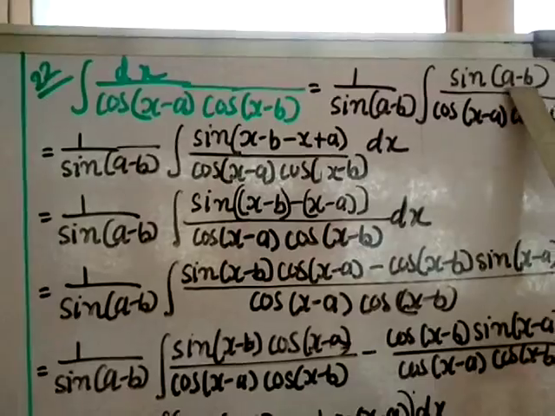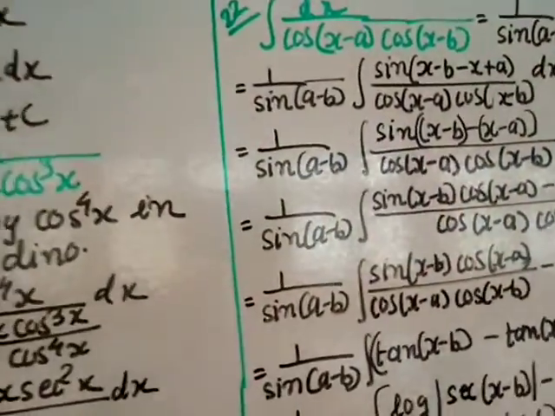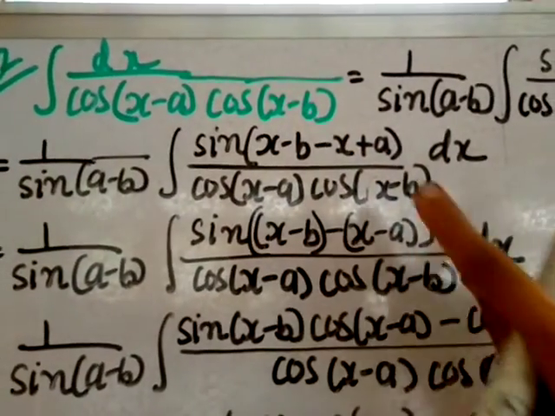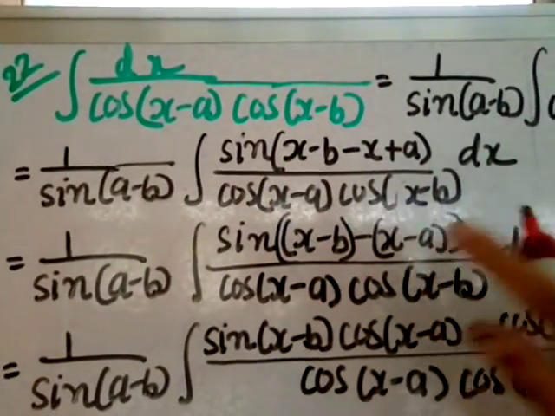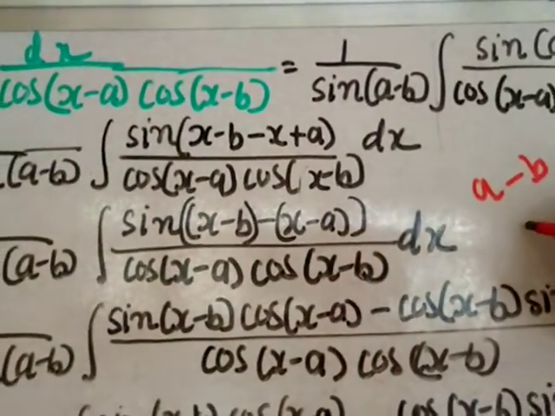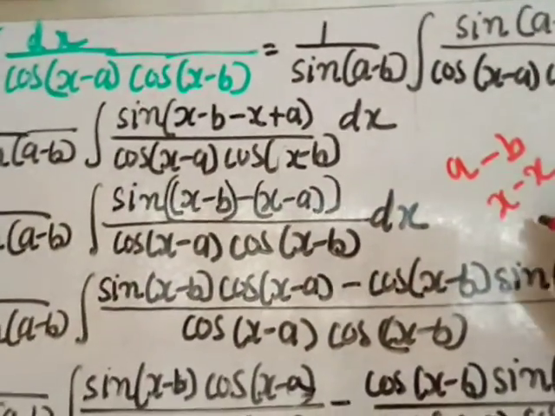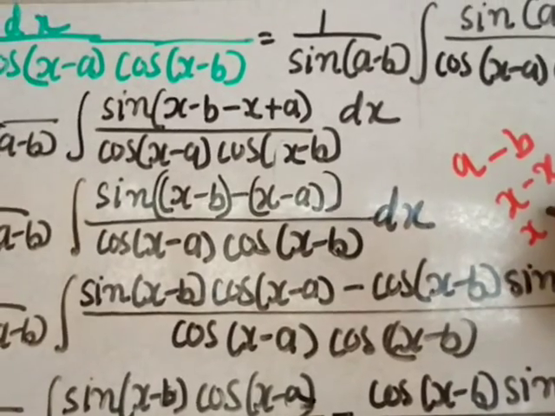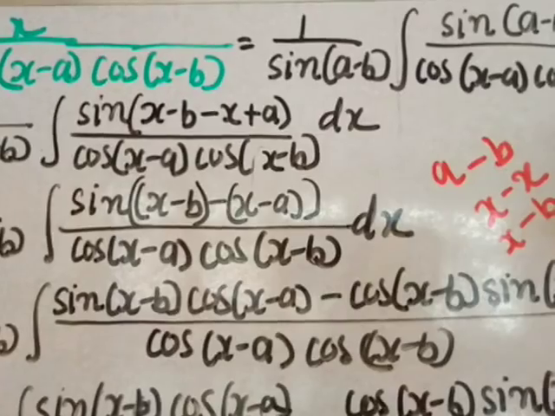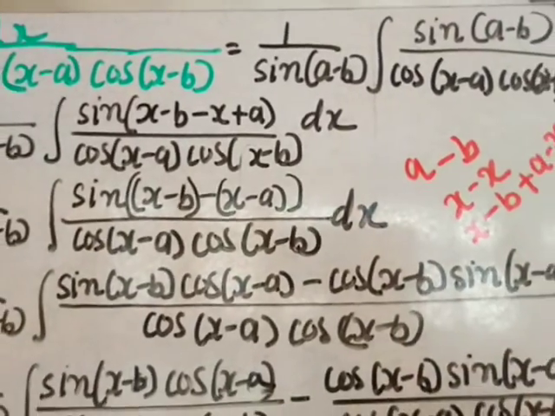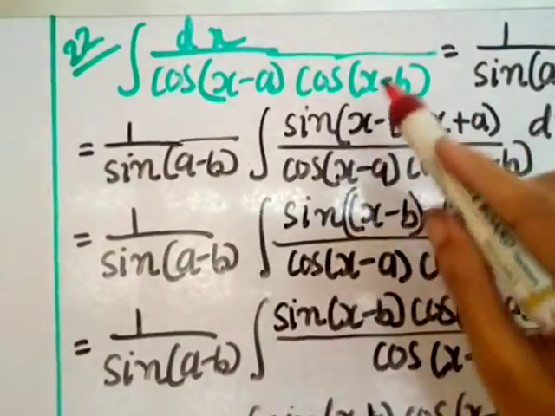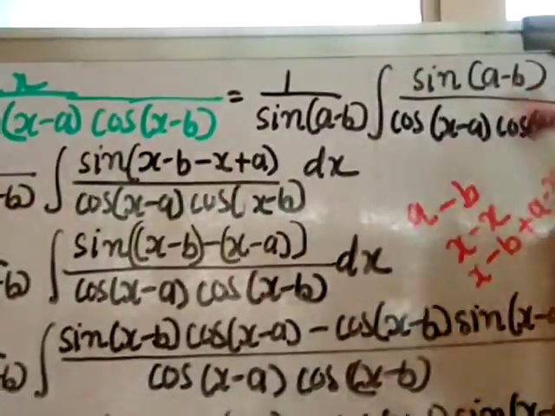Now here I am making some arrangement. I have added plus x and minus x, add and subtract x, so that I get a minus b. I am writing x minus b here plus a minus x. So x and x cancel, so I am writing like this: x minus b minus x plus a. So x and x cancel, a minus b.